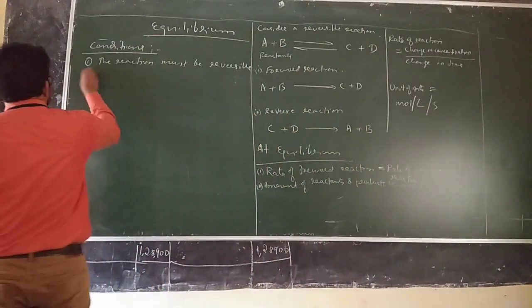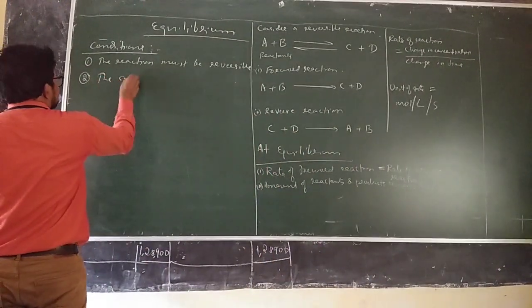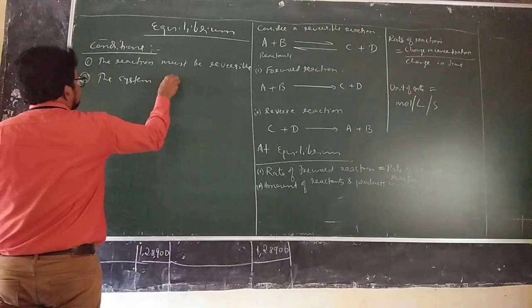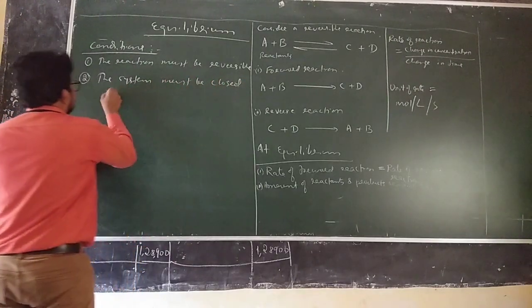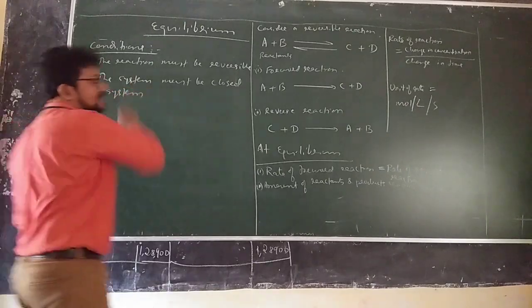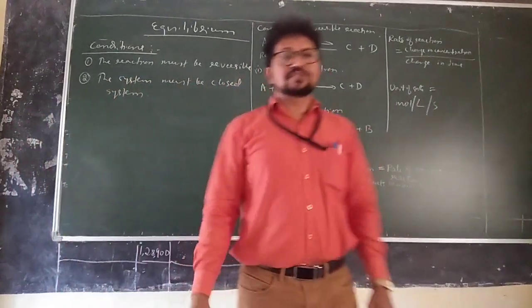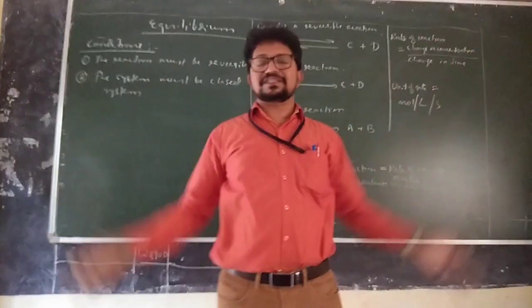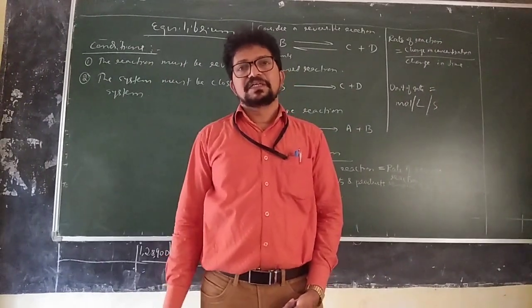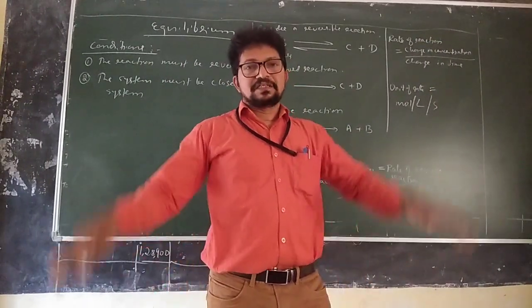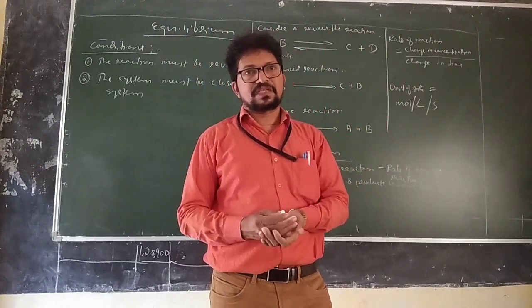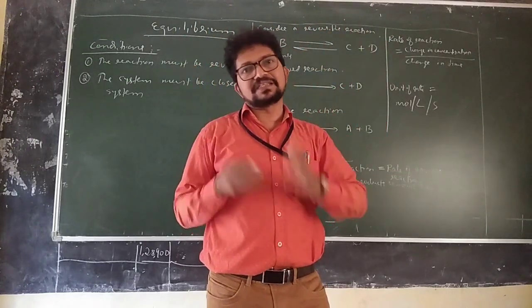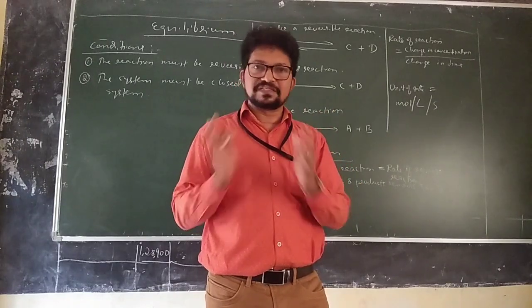And another thing is, the system is a closed system. The system must be a closed system where matter should not escape. Suppose if it is an open system and the product escapes from the system, equilibrium cannot be attained. That means the total mass of the contents where the reaction is going on should remain the same.